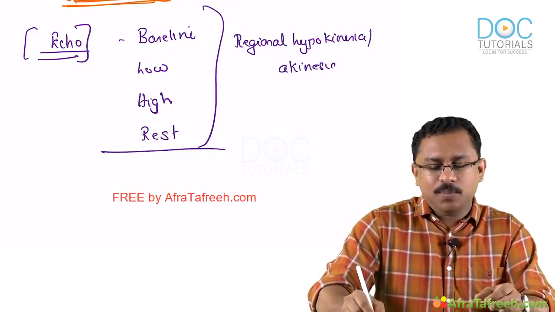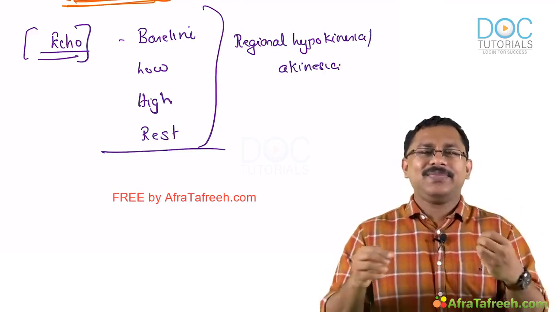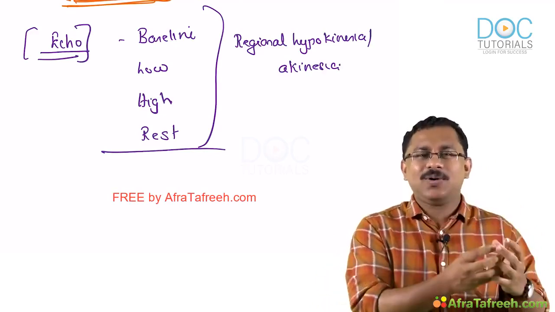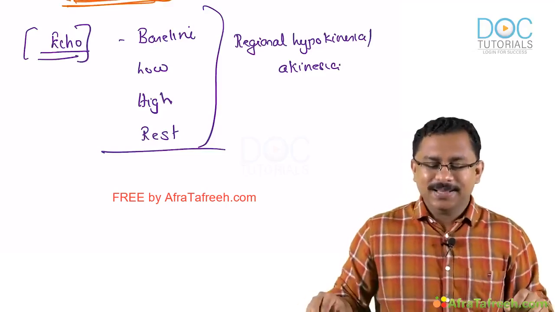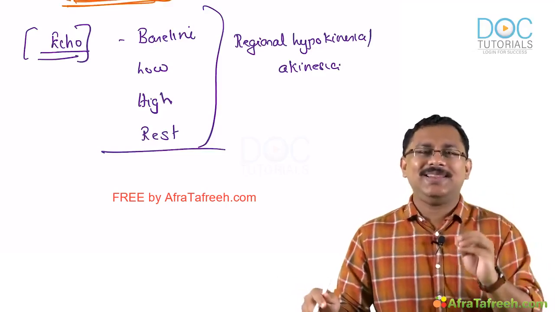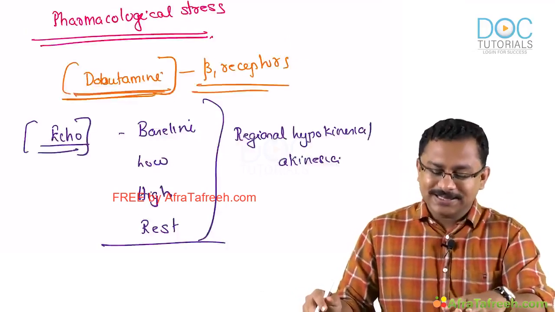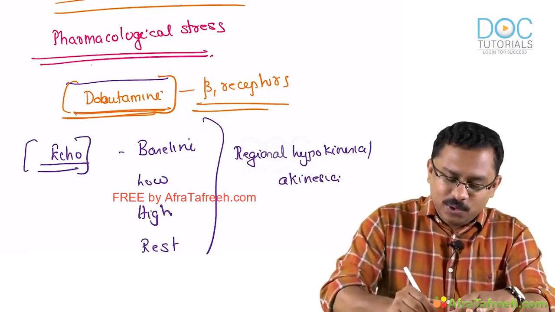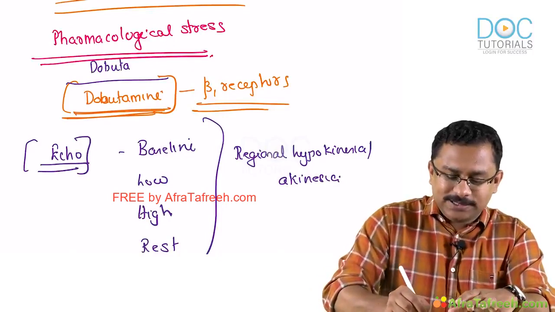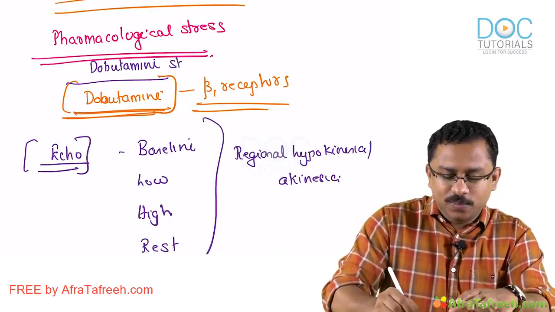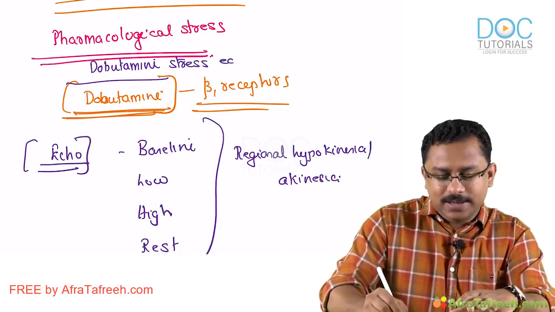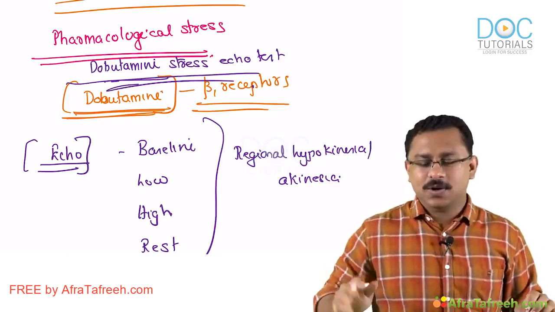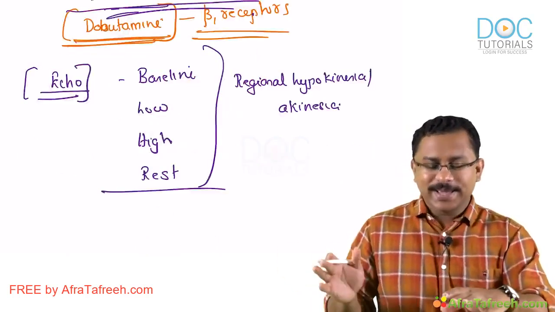There might be some portion of the myocardium that is not able to contract. That is what you call the dobutamine stress echo test. All right, very, very important. So that will actually help you.